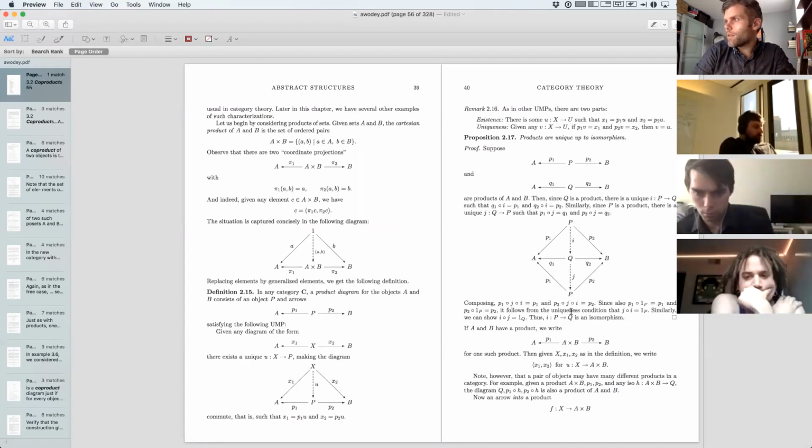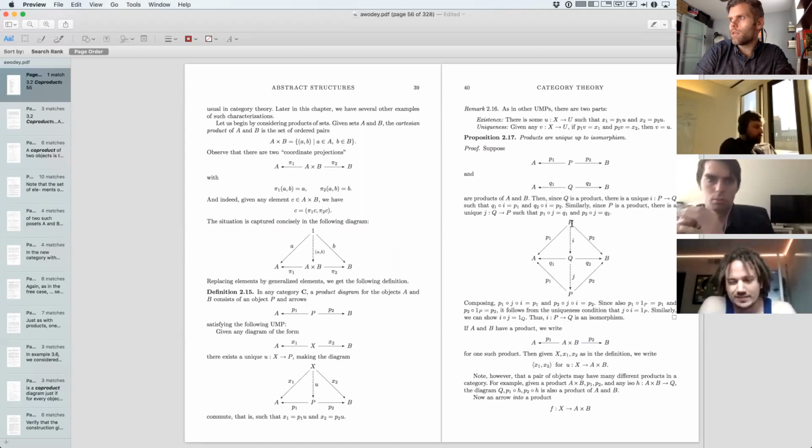And what does he also say? Yeah, so it follows from that uniqueness condition that J compose I is necessarily the identity. So we can follow this, that if we go I and J and then P1, this diagram says that should be the same as just P1, right?